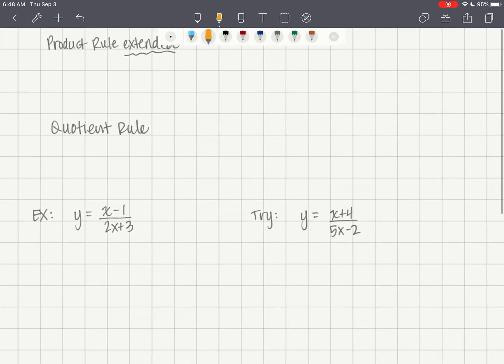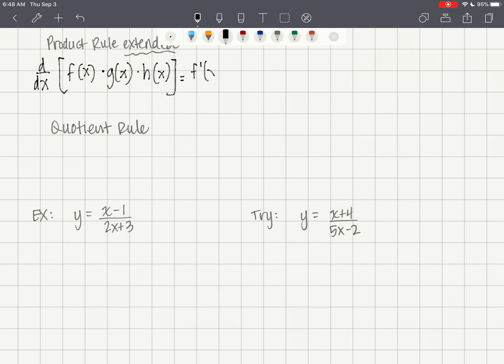Now the product rule extended, we can extend this. It doesn't just have to be 2 factors. We can take 3 factors. So the derivative, when I have f of x times g of x times h of x, is equal to the derivative of the first times both the second and the third, plus, and you can probably guess already, the derivative of the second times the first and the third, plus the derivative of the third times the first and the second.